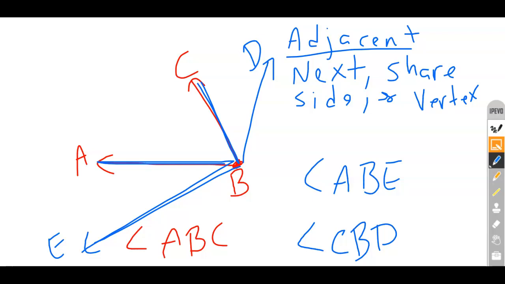Yes, it is, because it shares the side AB and the vertex B. So that's the concept here.